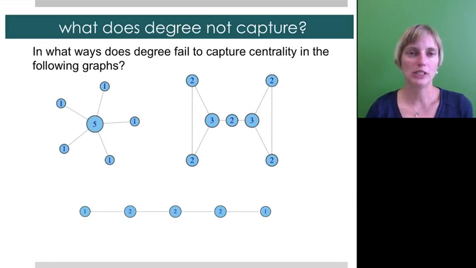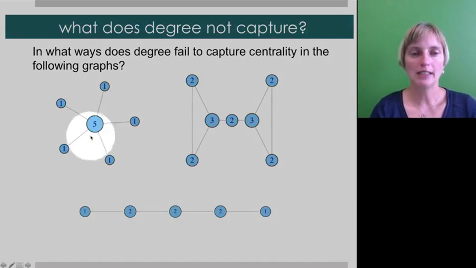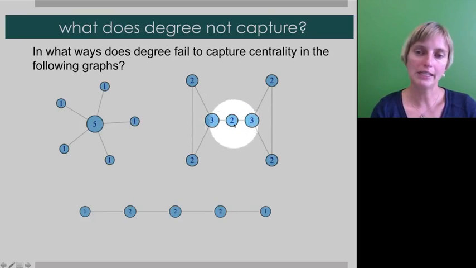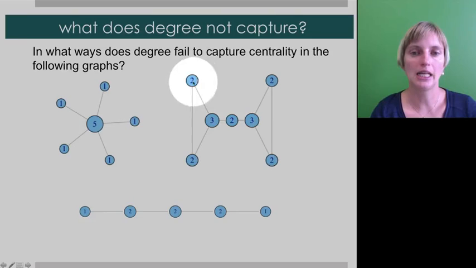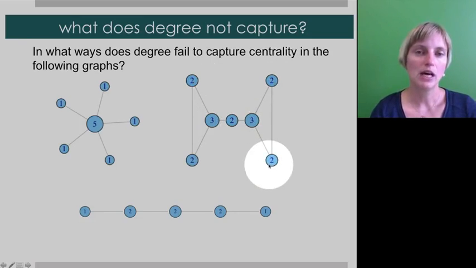But let's return to this question of things that simply counting the number of edges doesn't capture. If we look at this graph, degree may very well capture what's going on. But if we look at this network, right, this node has degree 2, which makes it kind of less important in a degree sense than these two nodes, and about of equal importance as these two nodes.